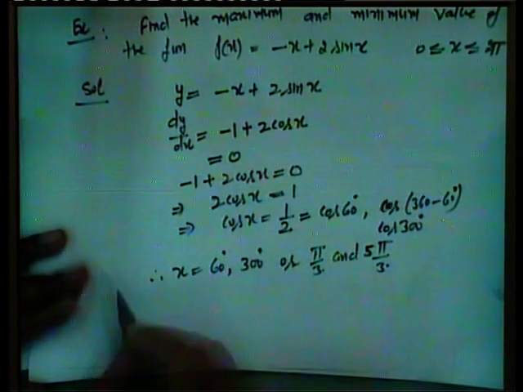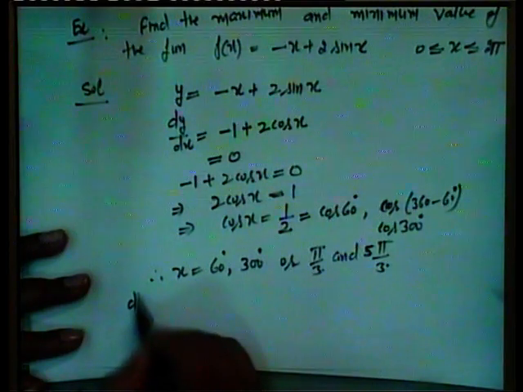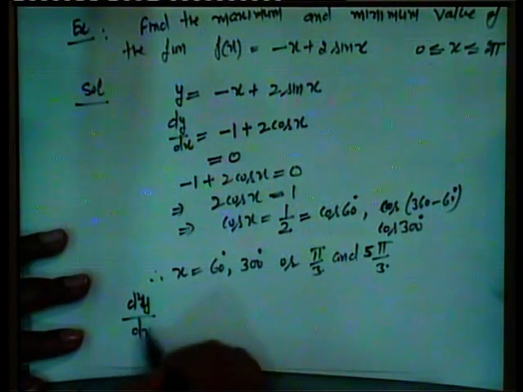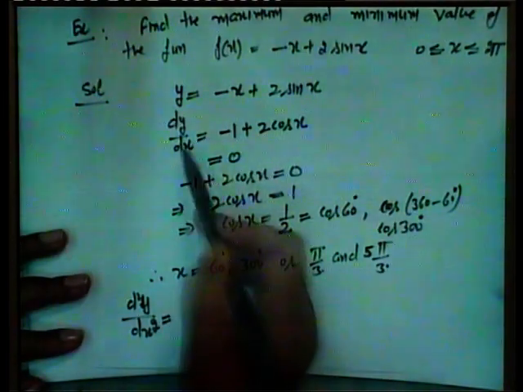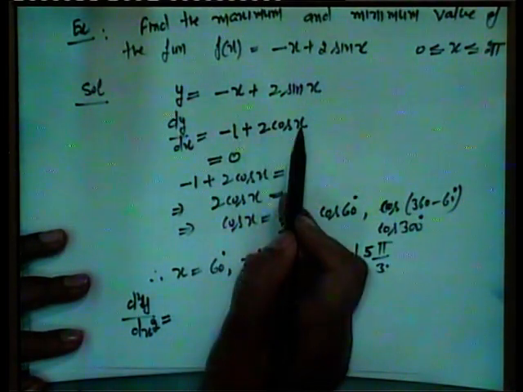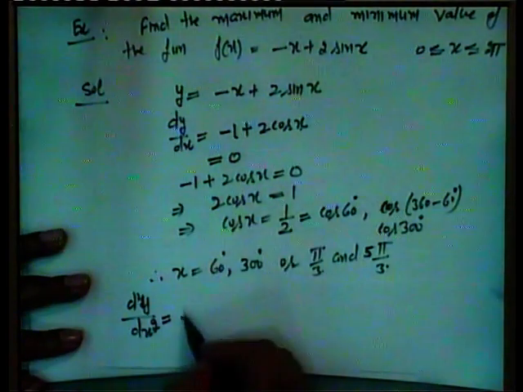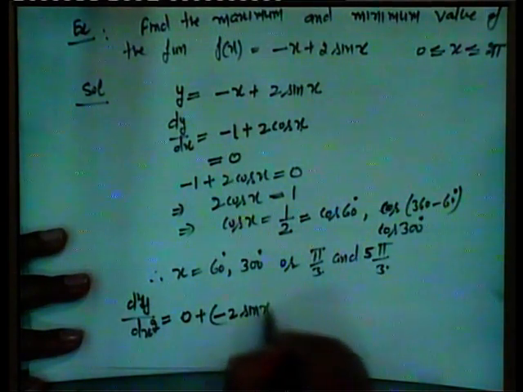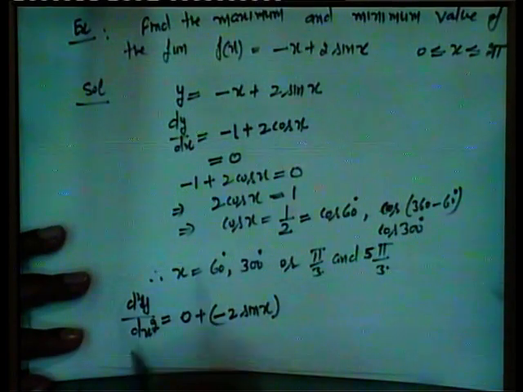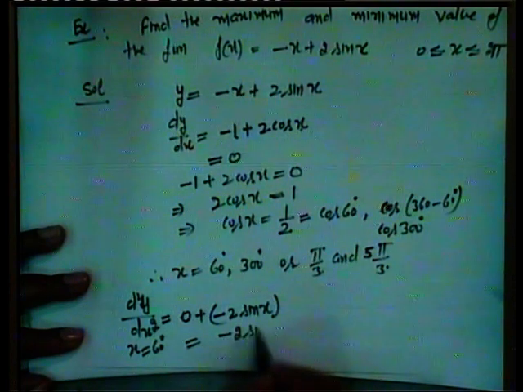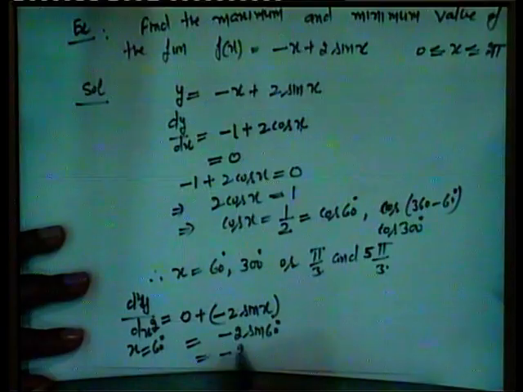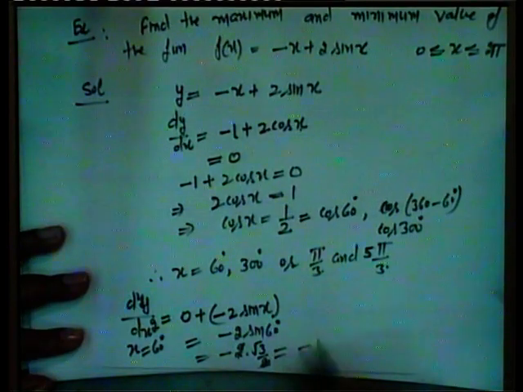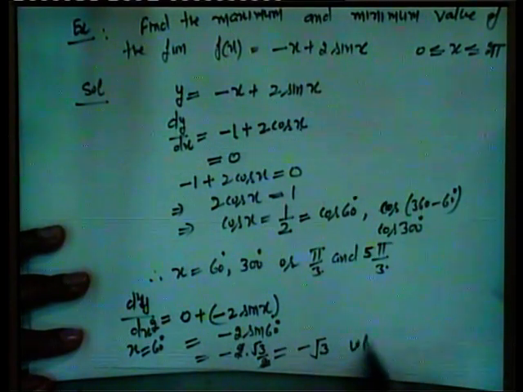Now, we will test these values for maxima and minima. For this, we will find d2y by dx square. dy by dx is minus 1 plus 2 cos x, the derivative of minus 1 is 0 and the derivative of cos x is minus sin x, so minus 2 sin x. Now, put x is equal to 60 degree. This is equal to minus 2 sin 60 degree. The value of sin 60 degree is √3/2, the 2 cancels, this is minus √3, which is negative.